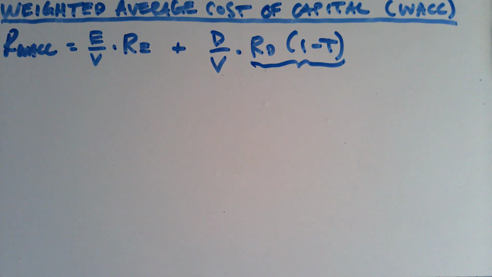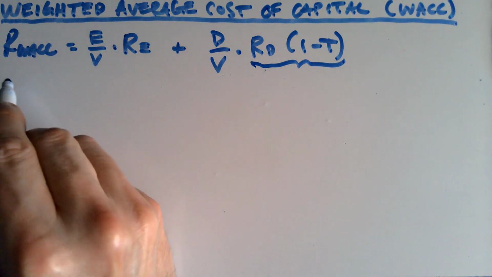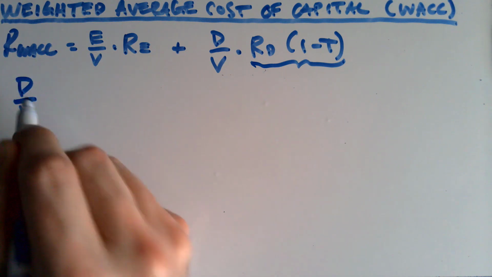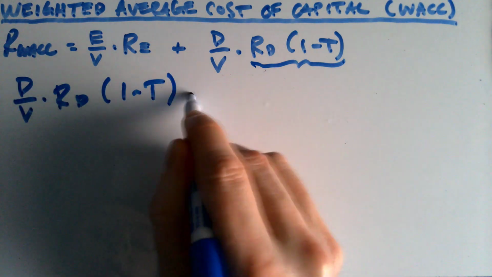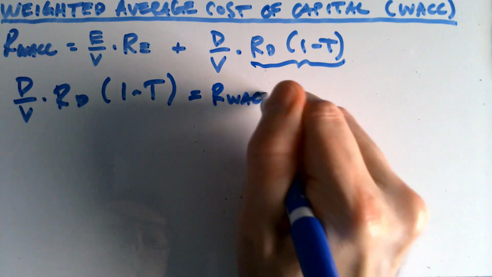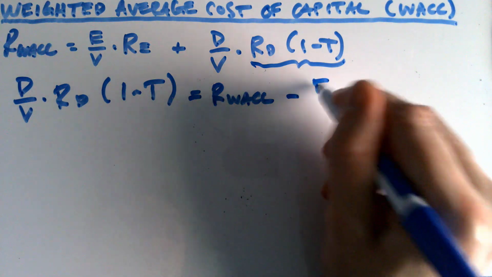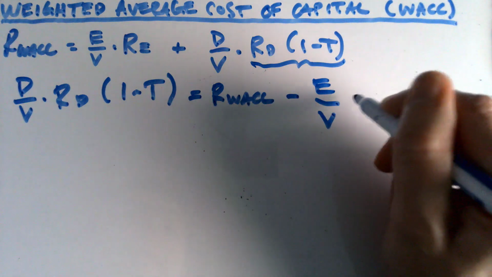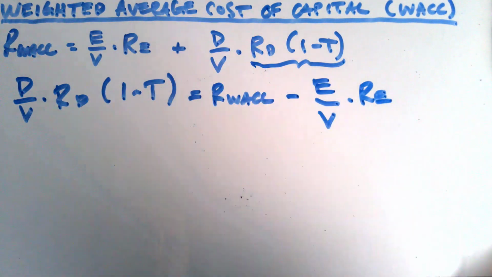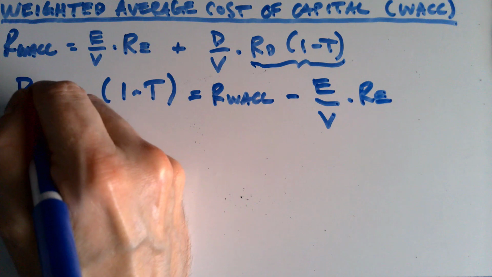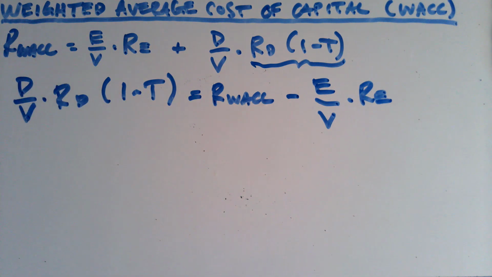What if we want to solve this for R sub D? Well, we need to, first of all, flip, as we always do. Now to get this on the other side, I'm going to subtract E divided by V times R sub E. Now to get R sub D by itself, there are actually 3 things we need to do.